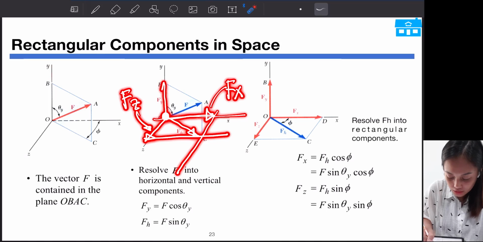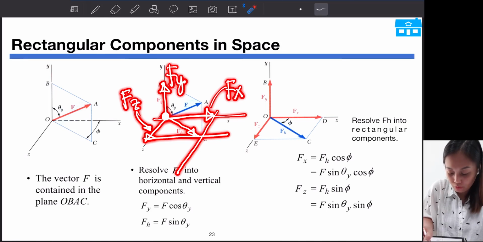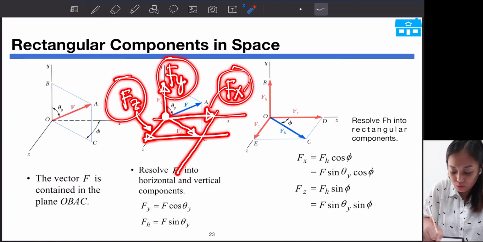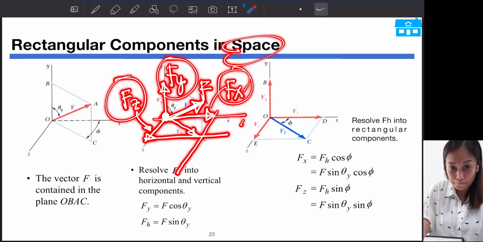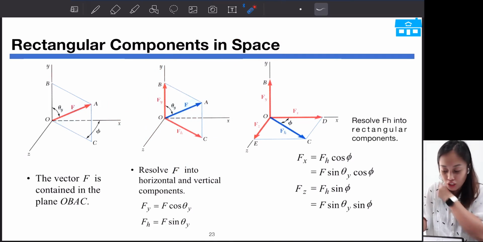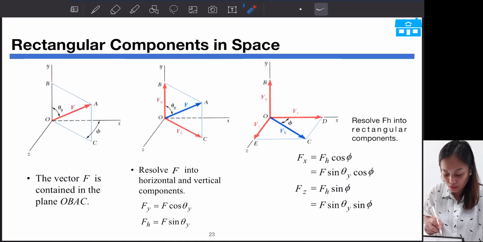Then earlier we already got Fy. So we now have the three components of this force F in space. Fy is F cosine theta y.